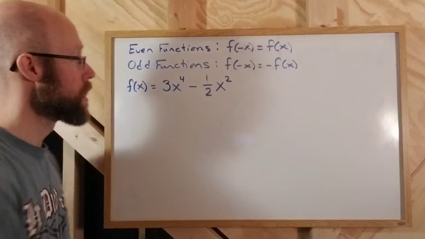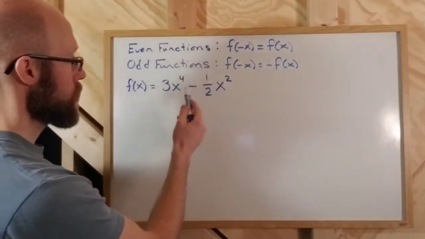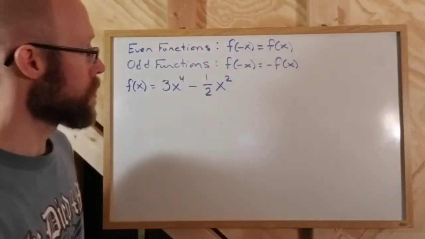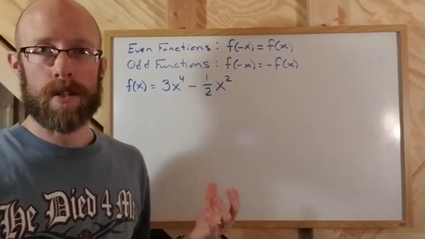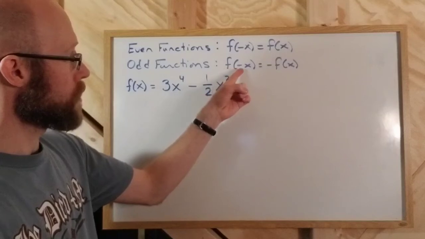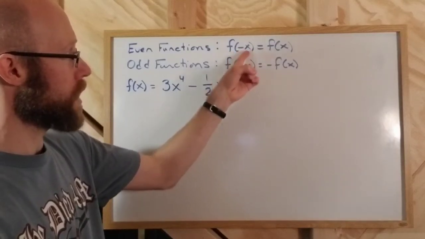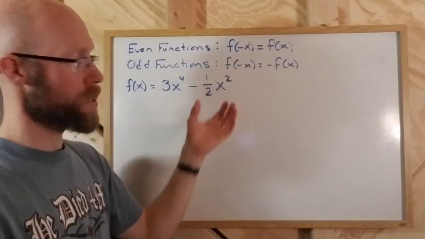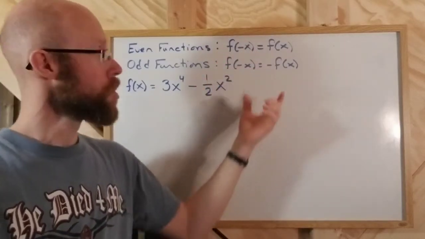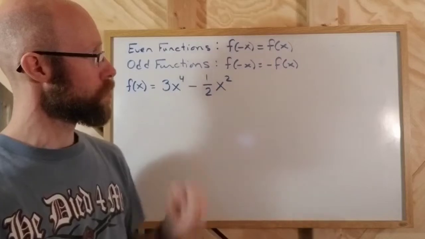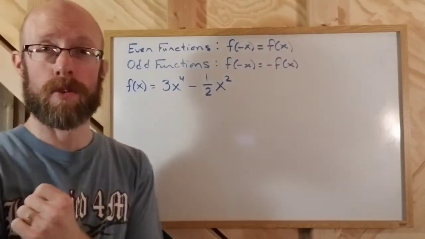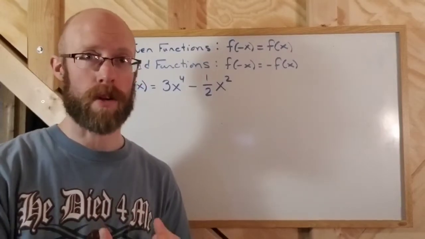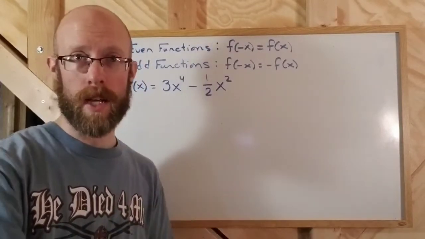In this case, one of the simplest ways to do that is to plug in a negative x. Plugging in a negative x, because it occurs in both of these equations, is a short way to determine which type of function we're looking at, with only having to do this one time. We don't have to repeat the process for one versus the other.